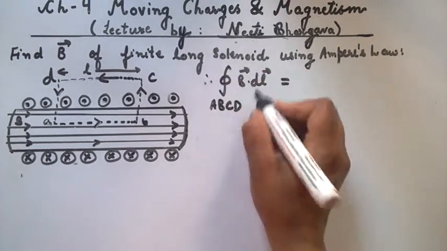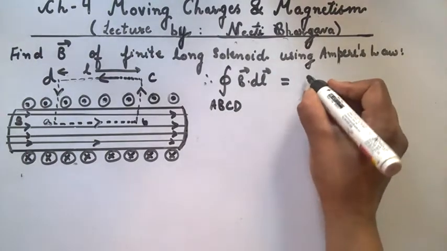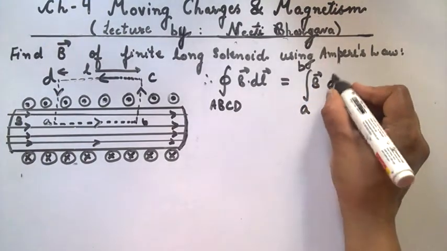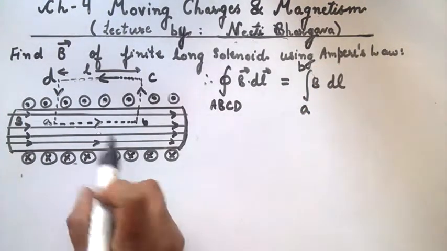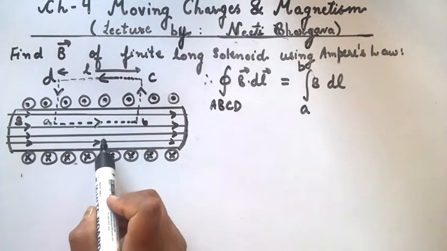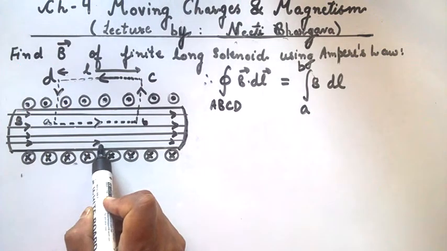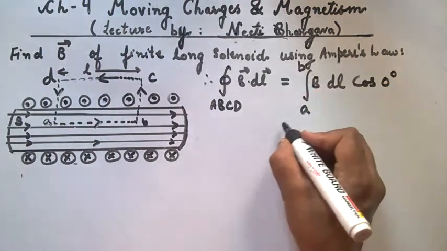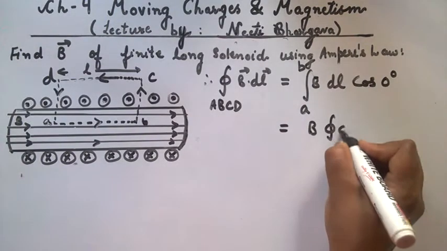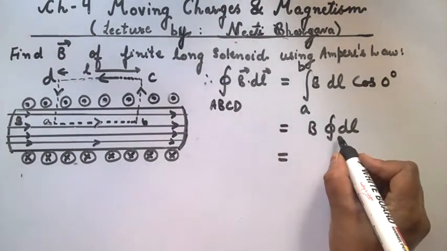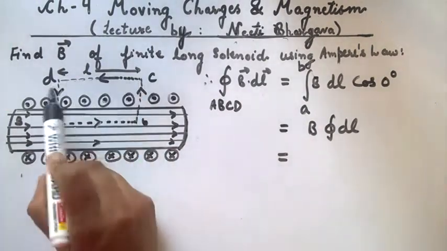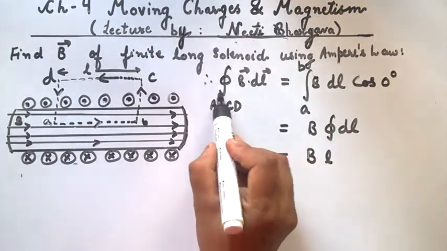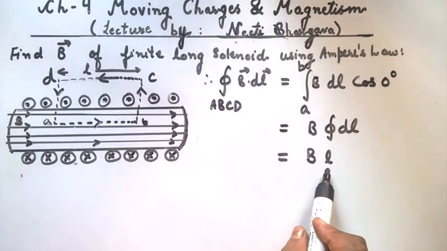Therefore, the total value of the line integral because of this ABCD Amperian loop is equal to the integral from A to B of B dl. Now here we can see that the line element is making an angle of 0 degrees with the magnetic field. Therefore, the angle is 0 degrees, and the integration of dl is the total length of this loop, which is L. We get BL as the total line integral.